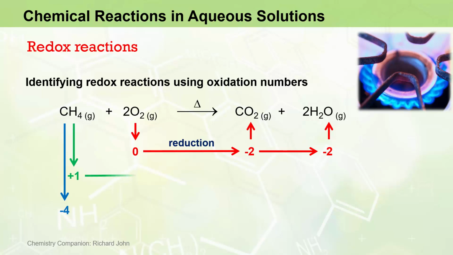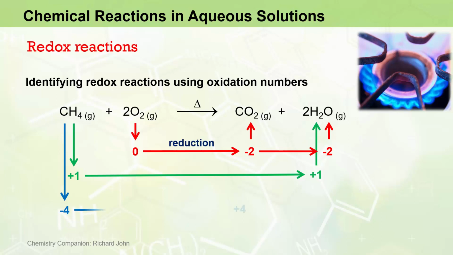For the hydrogen atoms, we note that they are involved in the compound water on the right-hand side, and according to Rule 4, we can assign an oxidation number of +1 for these atoms, meaning that no change has occurred and the hydrogen atoms have not undergone any oxidation or any reduction.